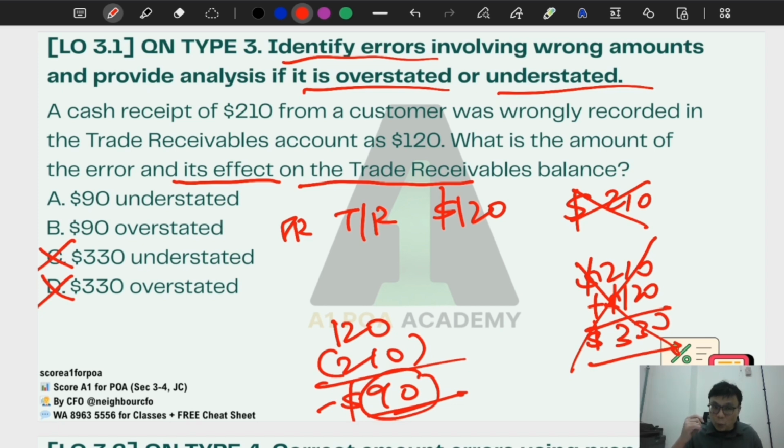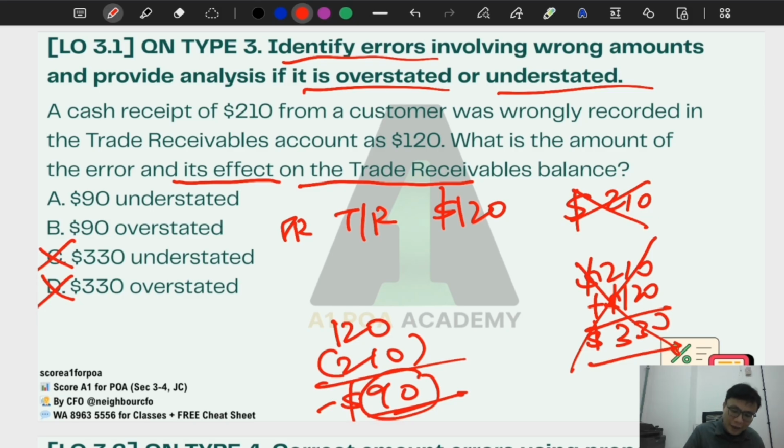If the bookkeeper records a lesser amount of receipt from the customer in our books of account, we still have this overdue amount of $90 owing from the customer. Therefore, it is correct to say that $90 would have been overstated, because in actual fact, the customer has already paid you the full amount of 210.